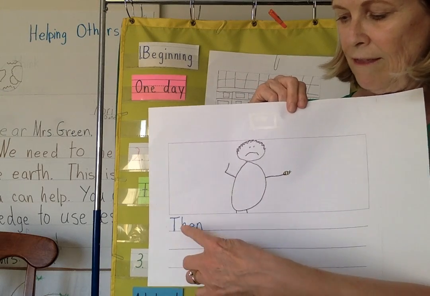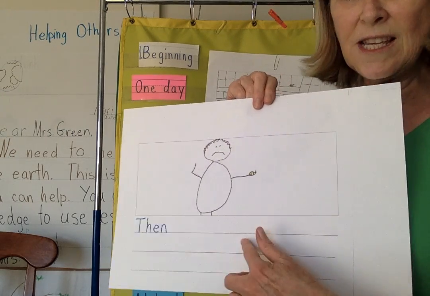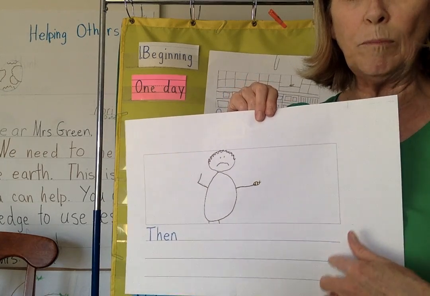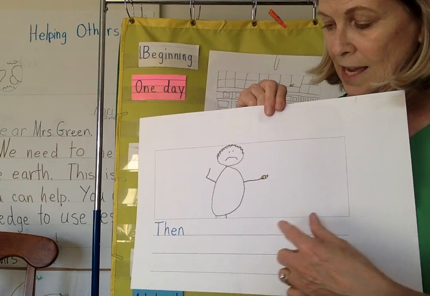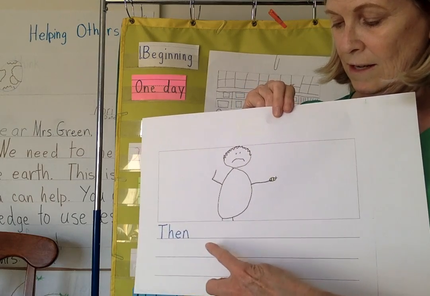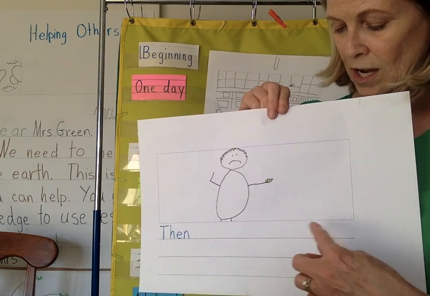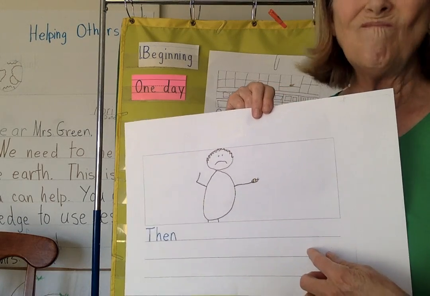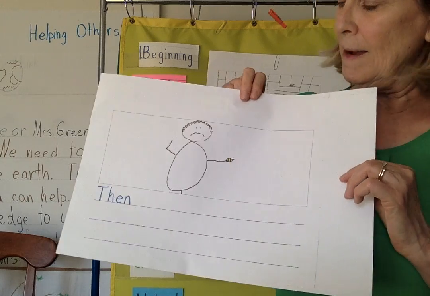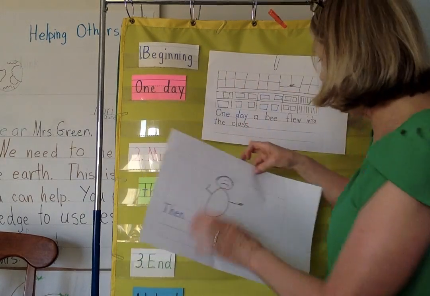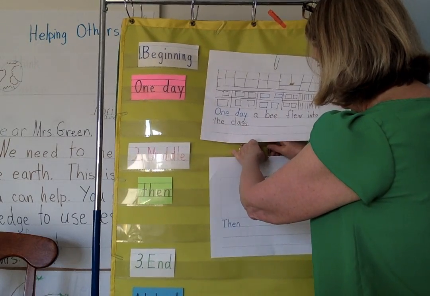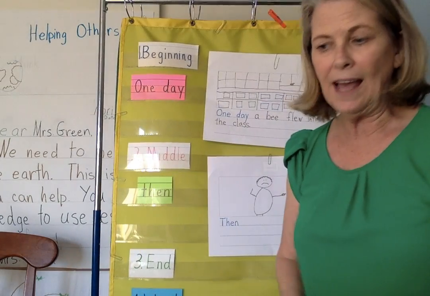Or I could say, then Augie got stung with a big exclamation point. And then the bee stung Augie and he got sad. So this is a true story. And then I'm going to finish up with the next part. Is going to be at last.